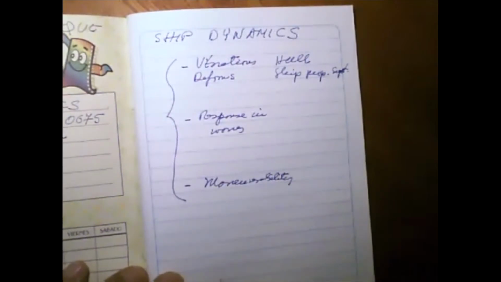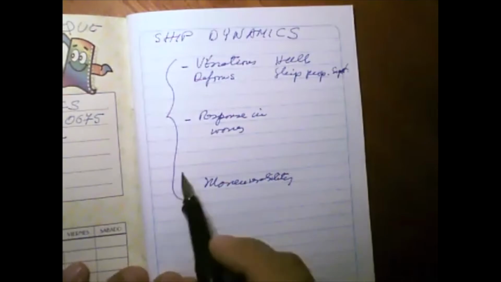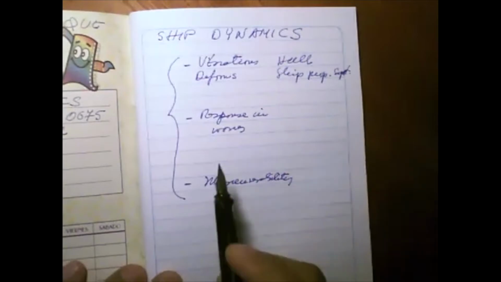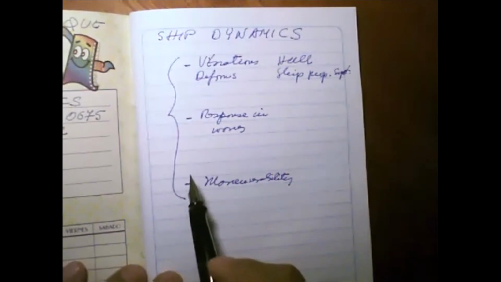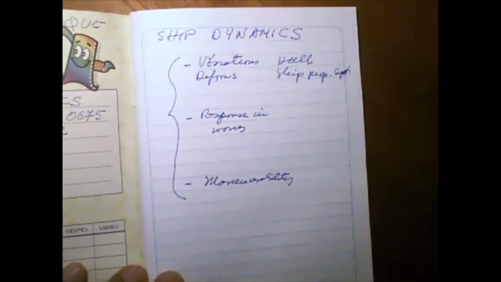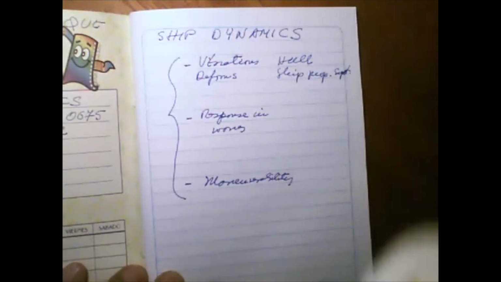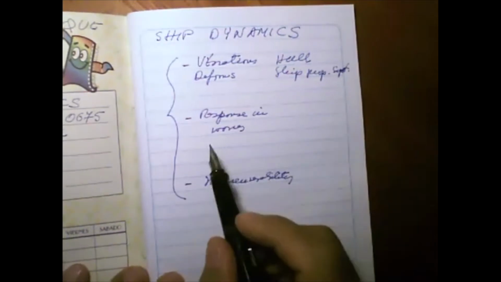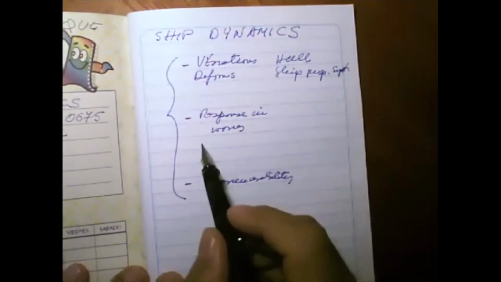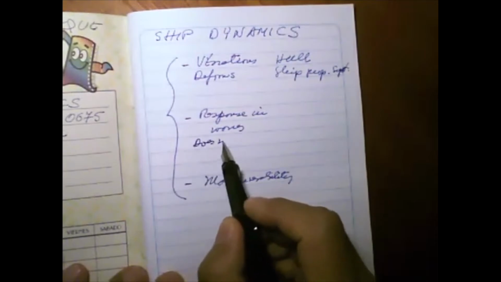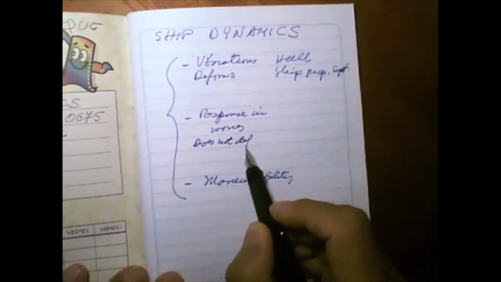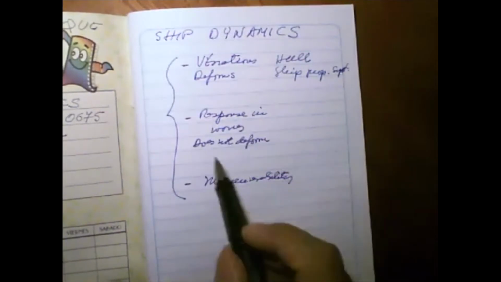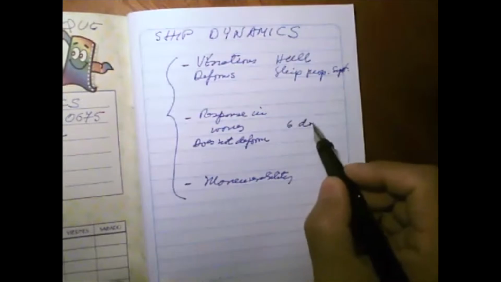That's what we are going to be studying in this semester. In this case, the ship is considered not to deform. And in this case, we have 6 degrees of freedom.